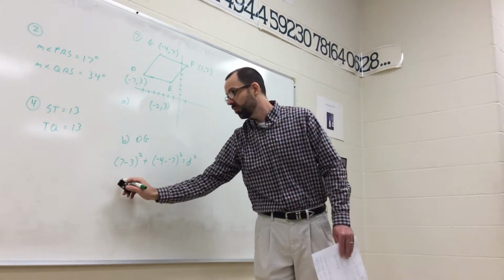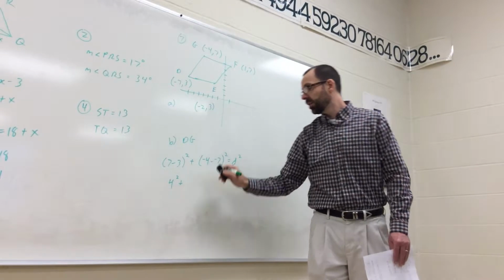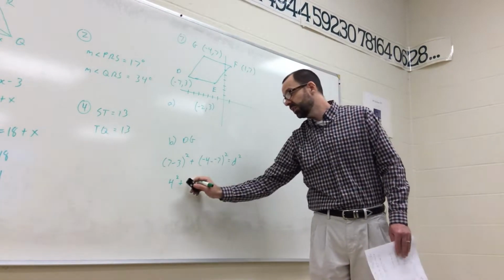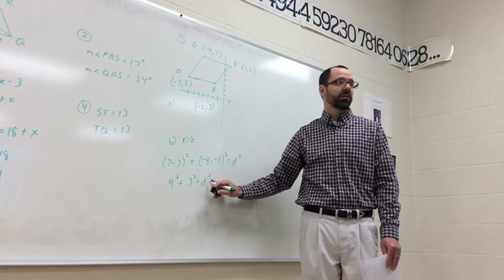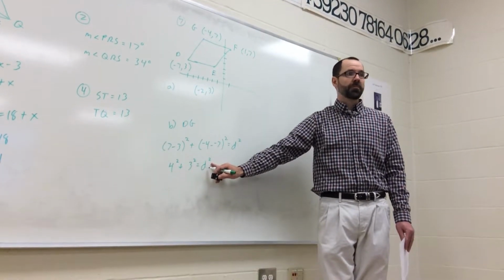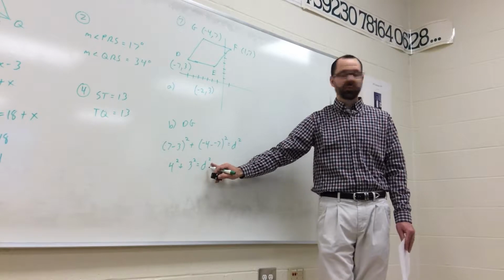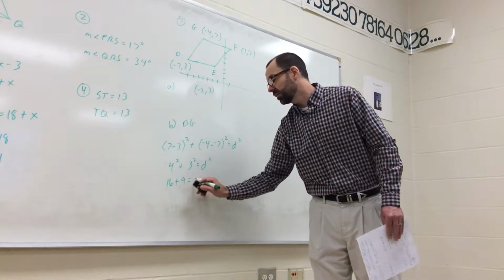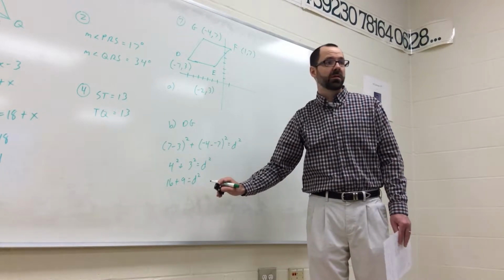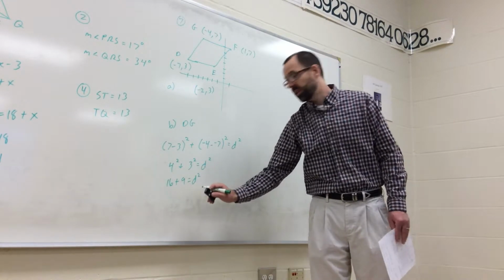Okay, so 7 minus 3 is 4, so that's 4 squared. -4 minus -7 is 3, so that's 3 squared. Then 4 squared is 16, 3 squared is 9. 16 plus 9 is 25.